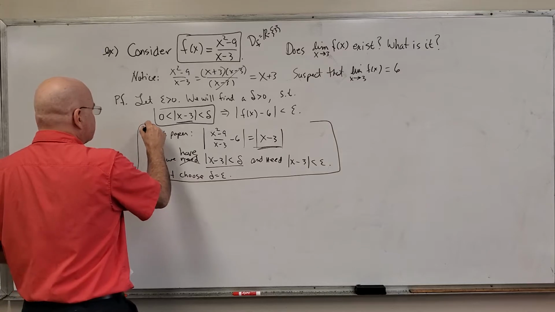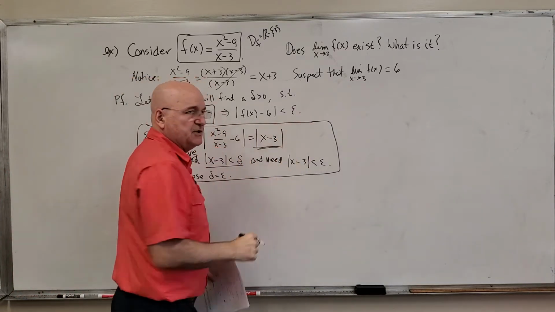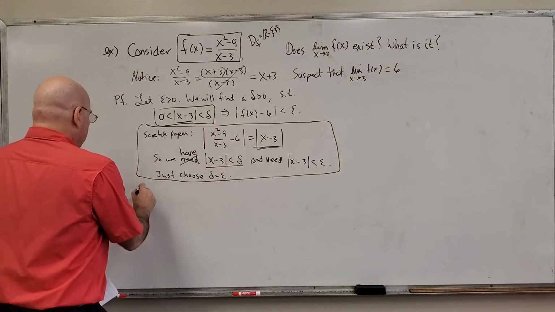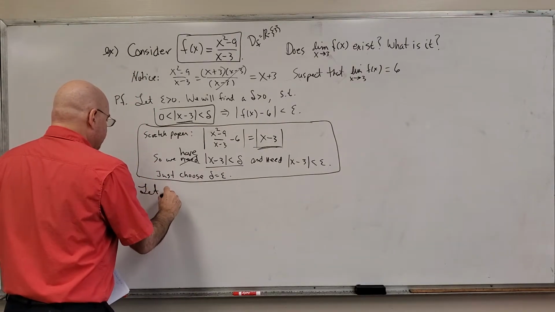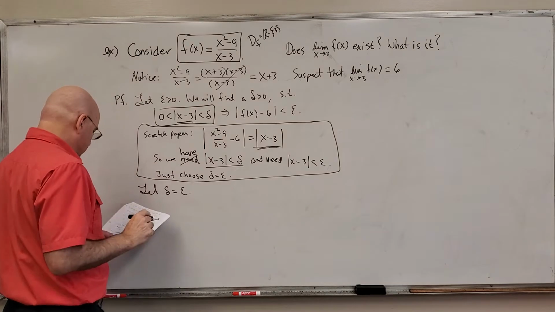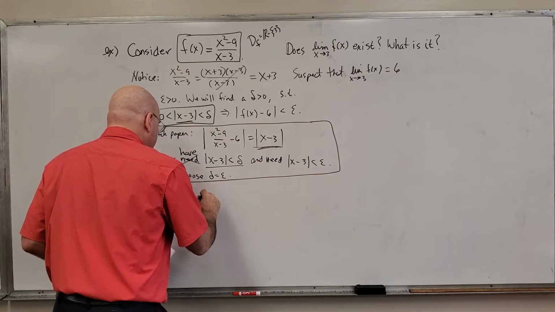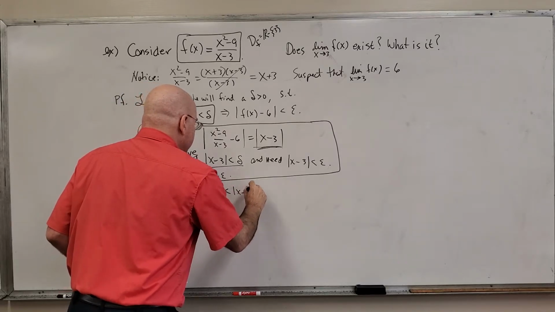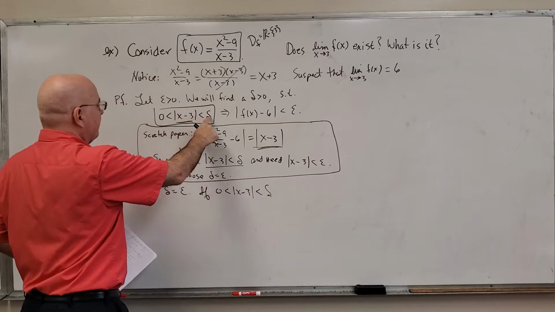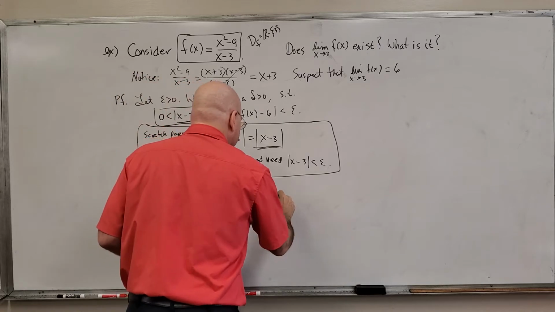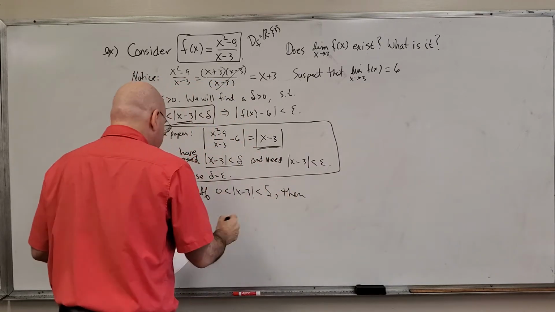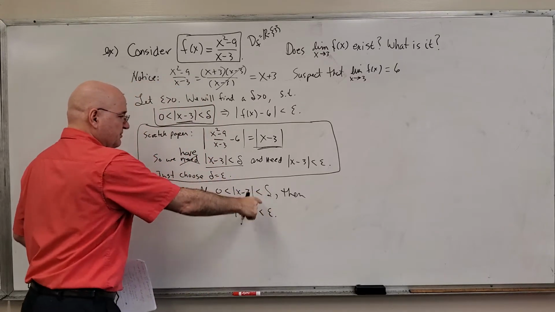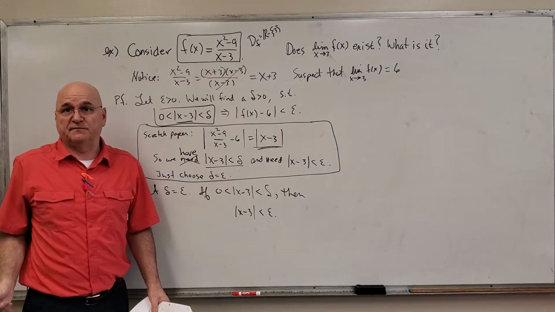So this little scratch paper is my justification for the last sentence or two of the proof. Let delta equal epsilon. If 0 is less than absolute value of x minus 3, less than delta, just like we have right here, then obviously absolute value of x minus 3 is less than epsilon, because those two numbers are equal to each other, and that's the end of the proof.